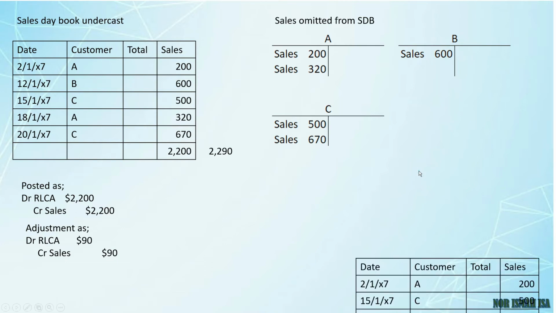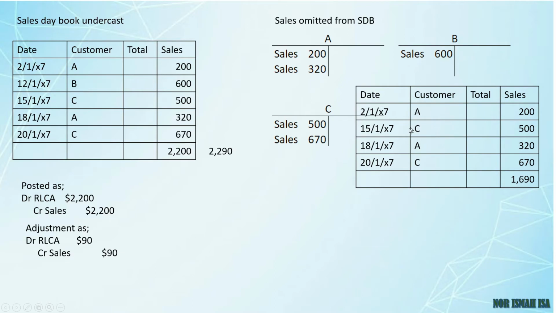But for the sales day book, all have been recorded except for B. The transaction made to B is not recorded, omitted from the sales day book. As a result, the total sales now is 1,690, which is posted to the receivable ledger control and credited to sales.